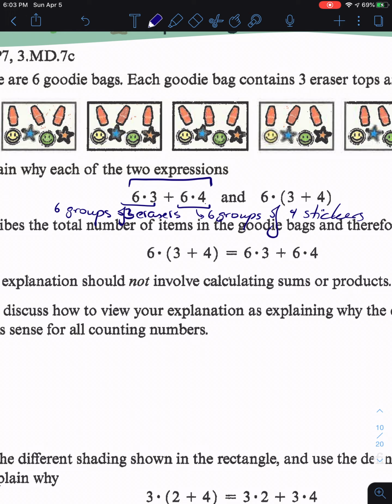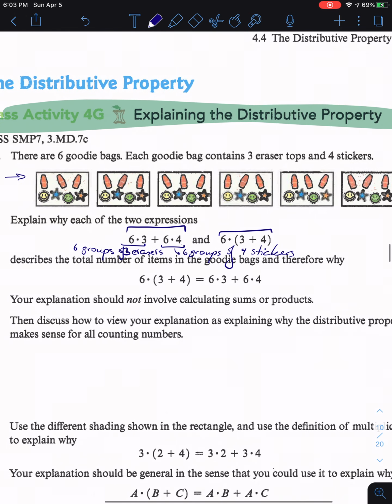But what if we looked at this as 6 times 3 plus 4? Well, what is 3 plus 4? Isn't that the total number of goodies? So 6 groups of 7 goodies. Right.